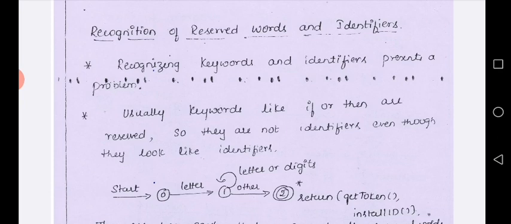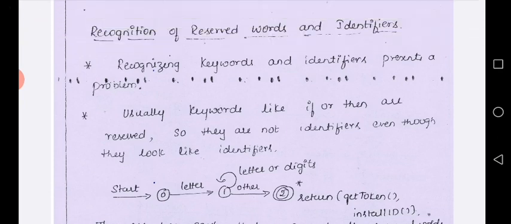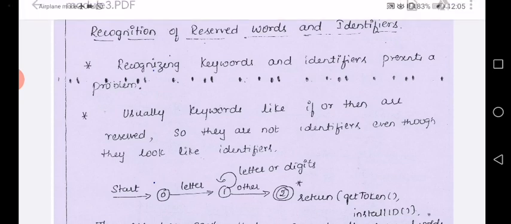If you already have an entry for that pattern, it returns the token which is already available. If not, go through the identifier pattern, identify whether it is a number or an ID, and send the token accordingly. This is how we recognize the tokens.